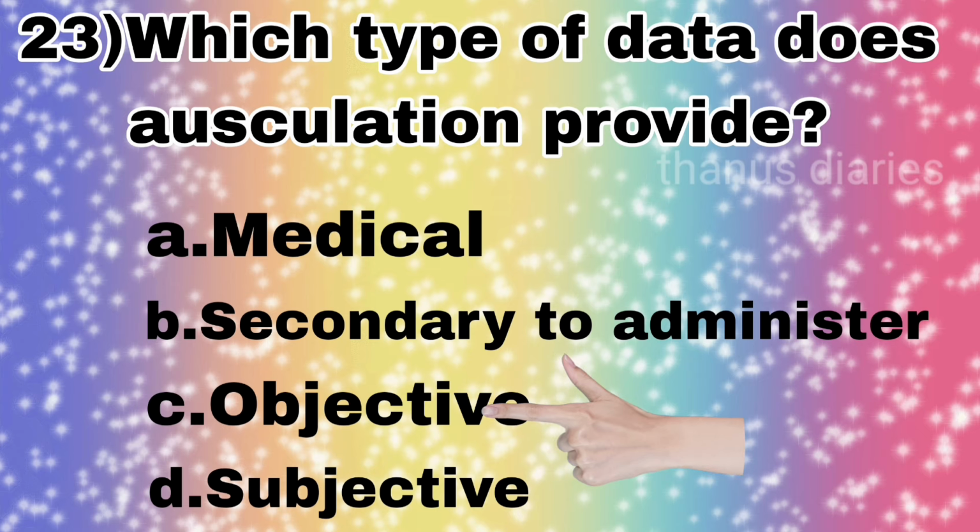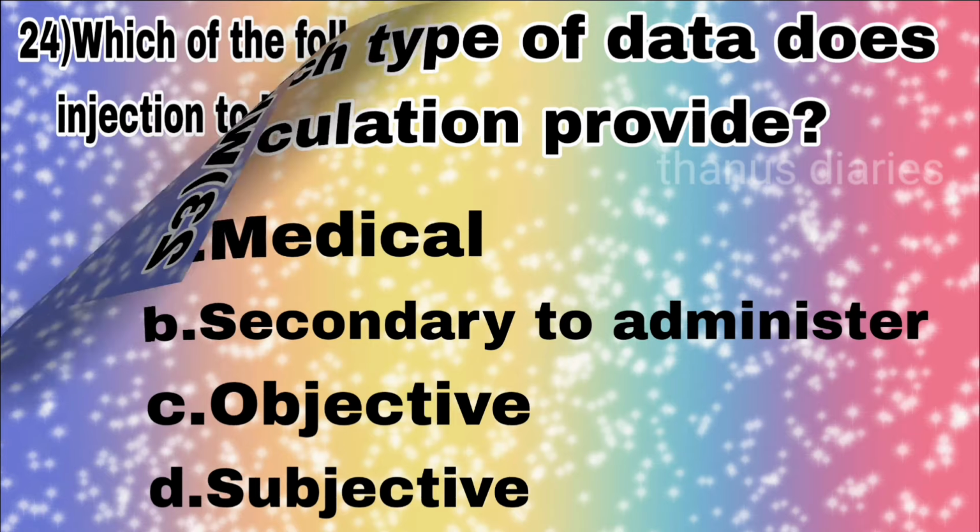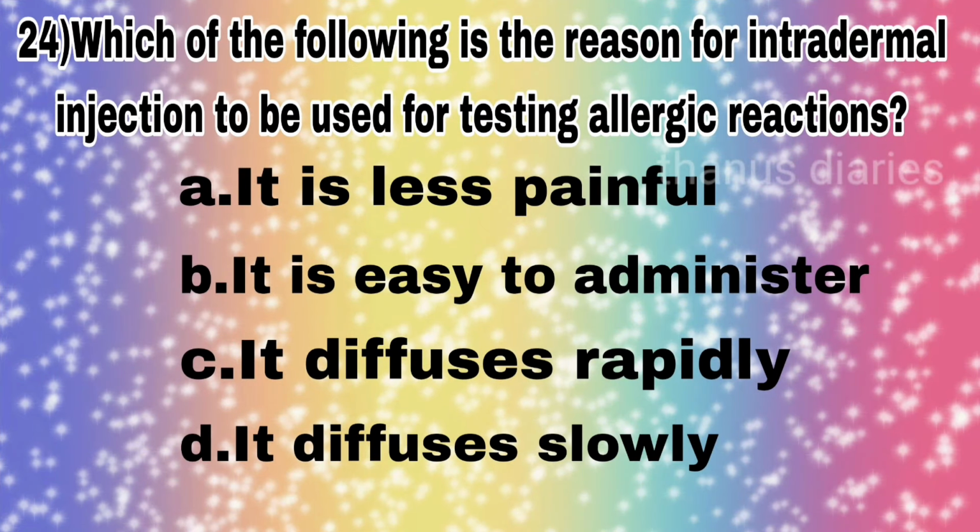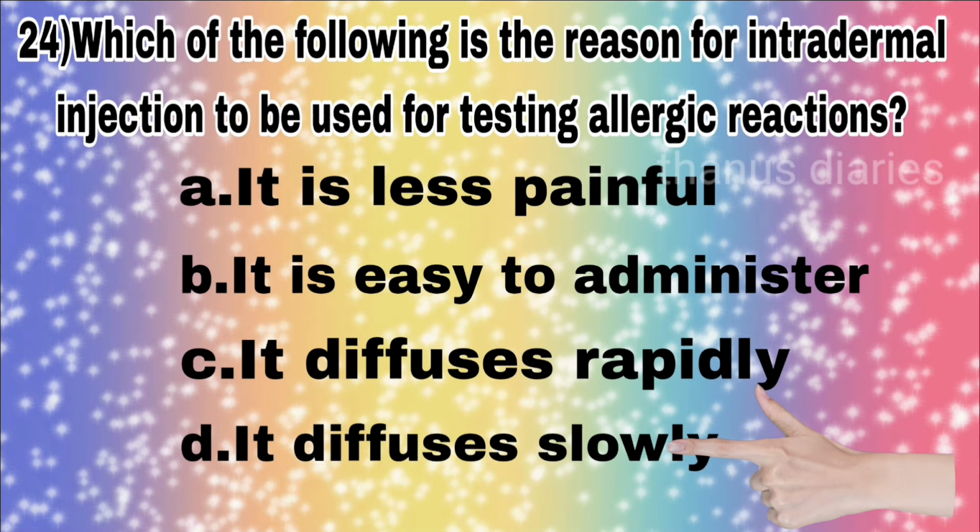And the answer is objective data. Next question. Which of the following is a reason for intradermal injection to be used for testing allergic reactions? It is less painful, it is easy to administer, it diffuses rapidly, it diffuses slowly. The reason is it diffuses slowly.